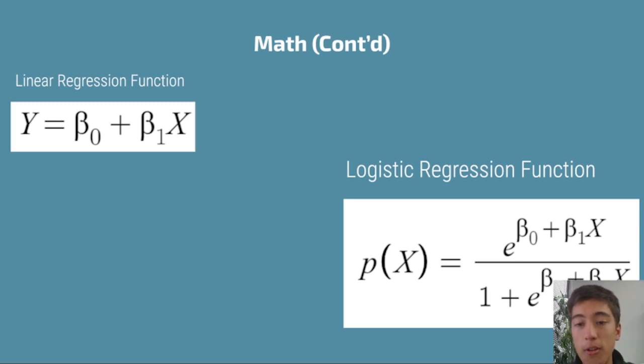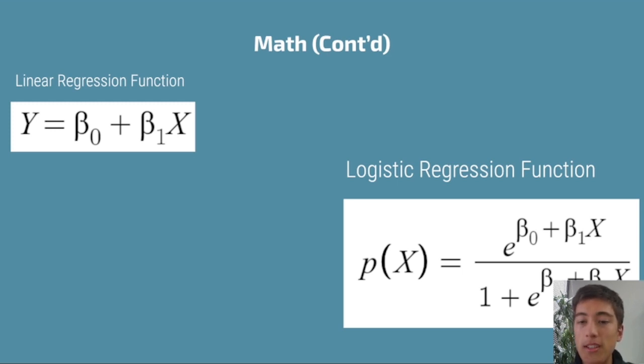Those are called our regression coefficients, and those coefficients are what determines what that linear regression line looks like. Well, now imagine that we plugged in this linear regression equation into our logistic growth equation, and voila, we get our logistic regression function right there.